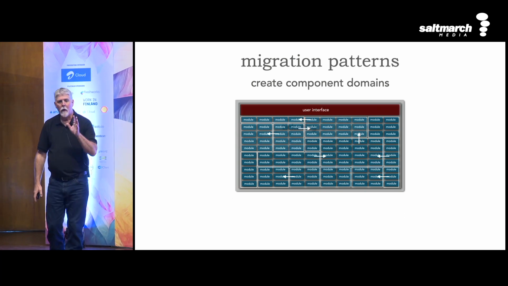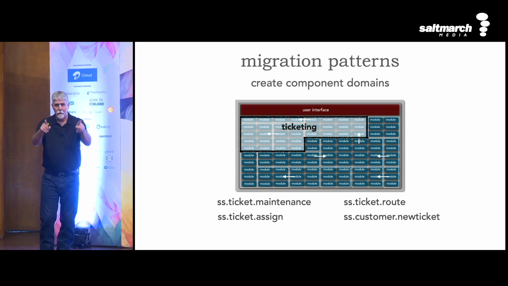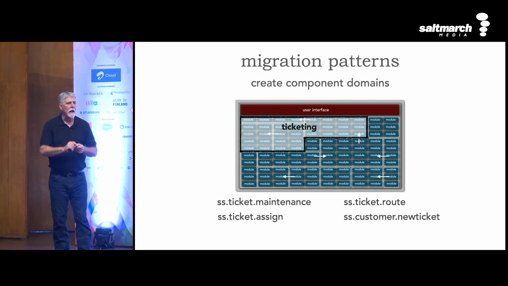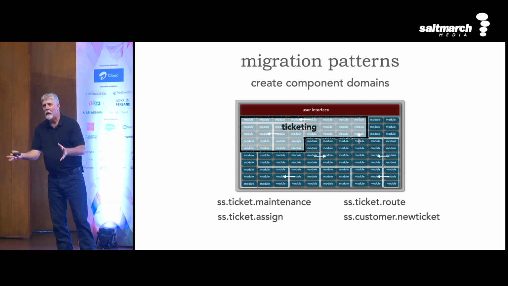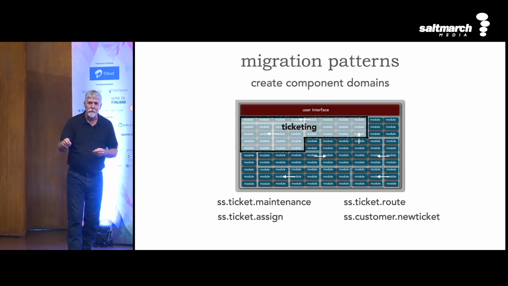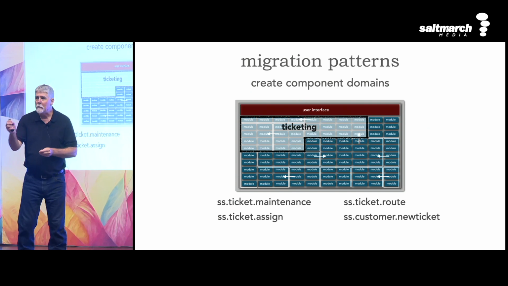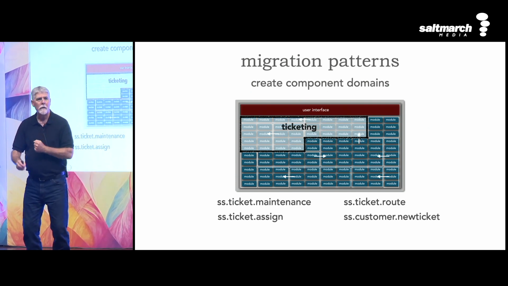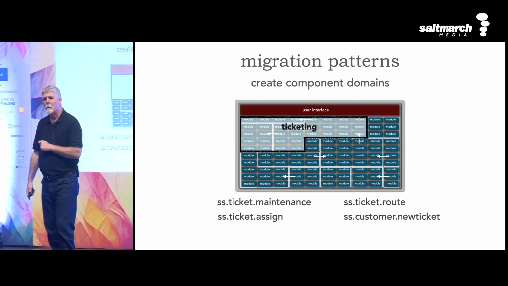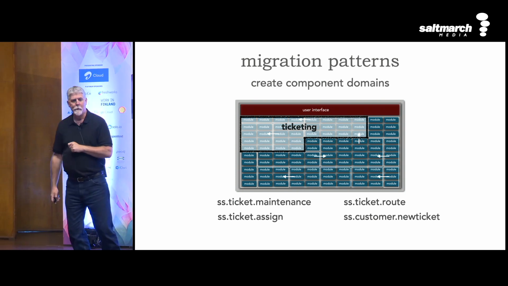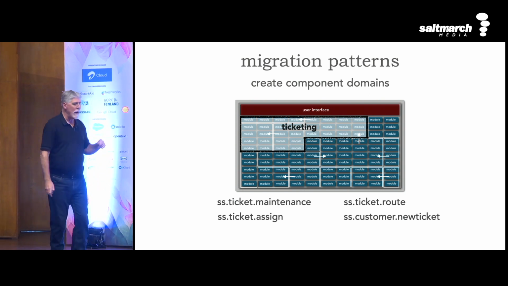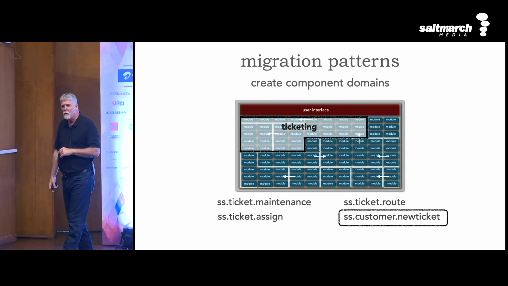For example, these 4 components that are now fully delineated represent everything about ticketing. It becomes a domain. And we manifest, represent that domain through the namespace, which equates to the directory. Well, do you see a problem here? I do. It contains maintenance, assign, routing, and customer.newTicket.